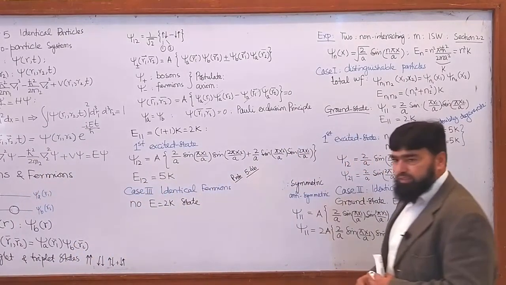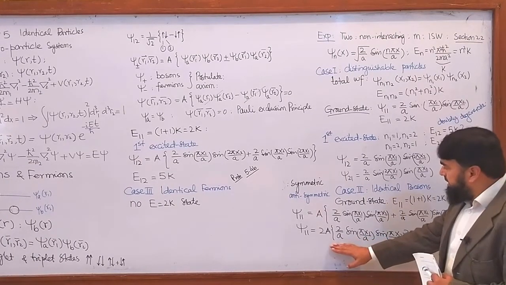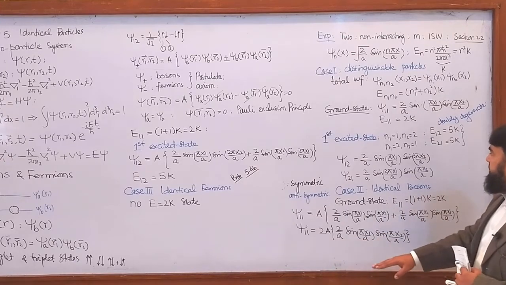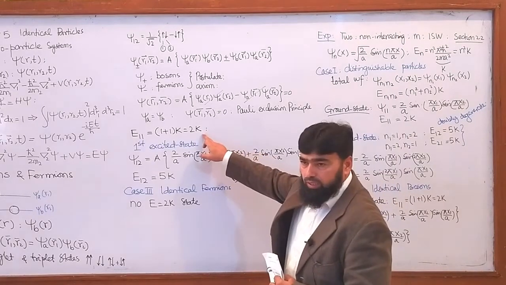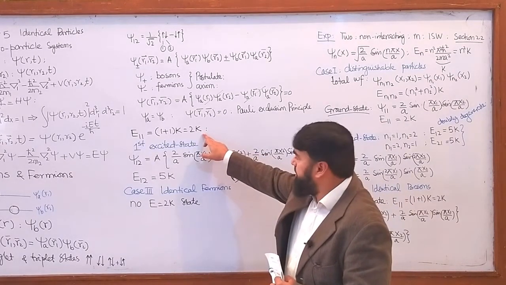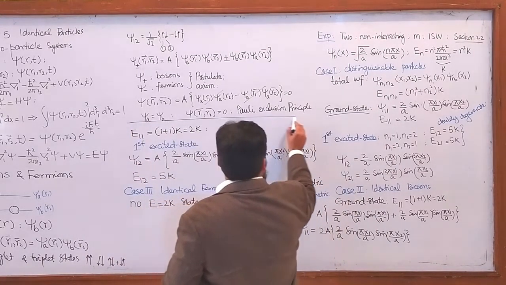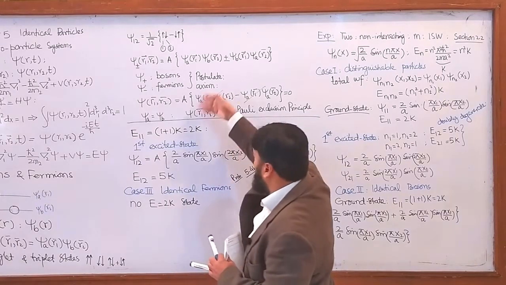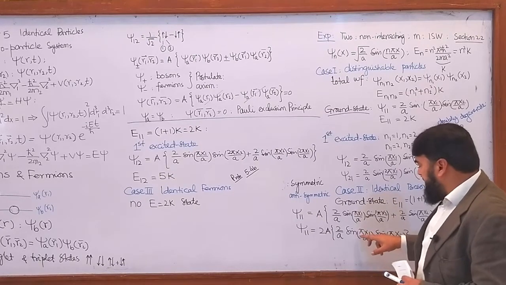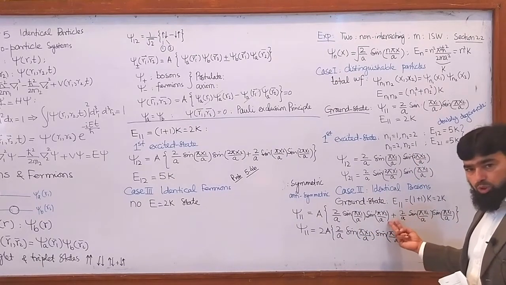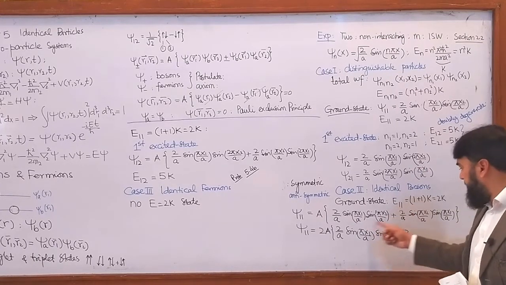Clear? There is no E equal to 2k state because this is the state which has the energy equal to 2k. Let me draw a line so as not to confuse this one with this. So from here, sine 1, 1, and here the plus sign was, so these two added up. For the fermions, here will be minus, and these two are cancelling.